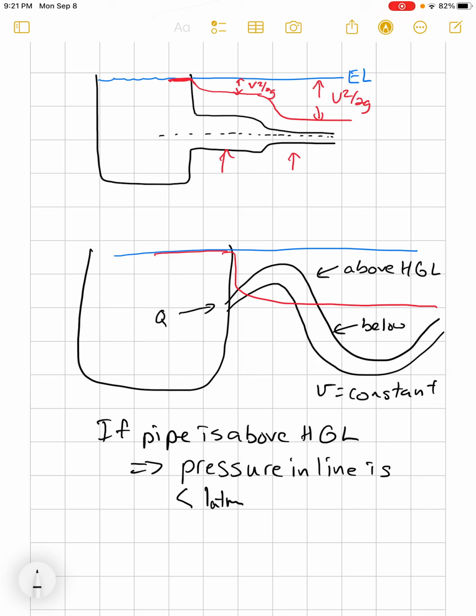What that means is that if we were to punch a hole right here in this pipe, the pressure will not be larger than the atmosphere, so it's going to result in air being pushed in from the atmospheric pressure outside, and we're going to end up with air leaking into the pipe.